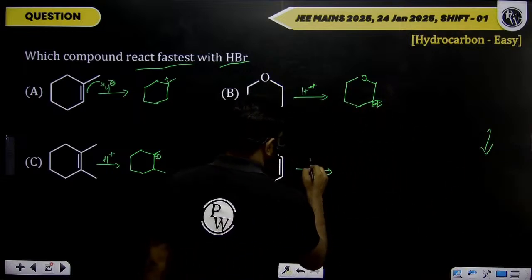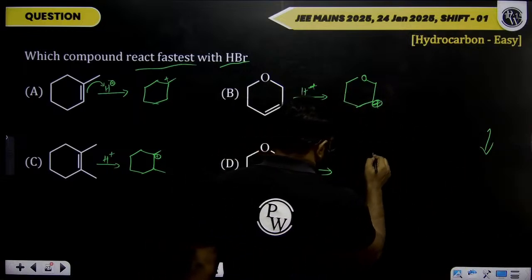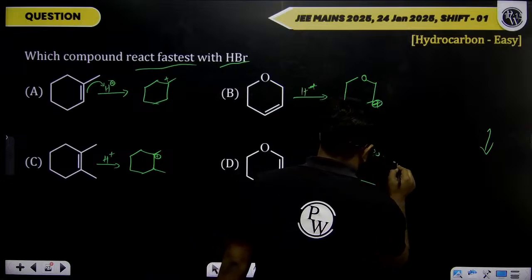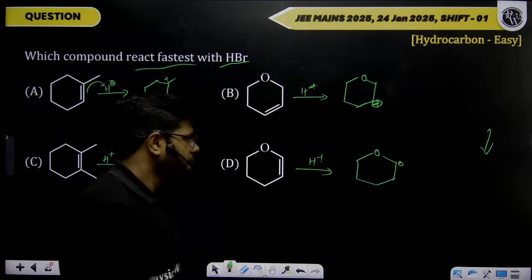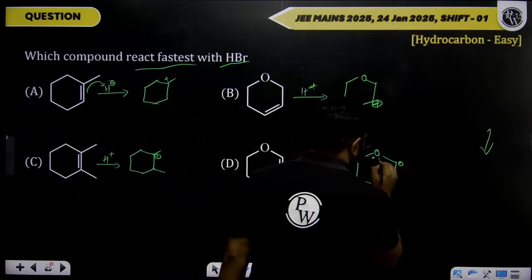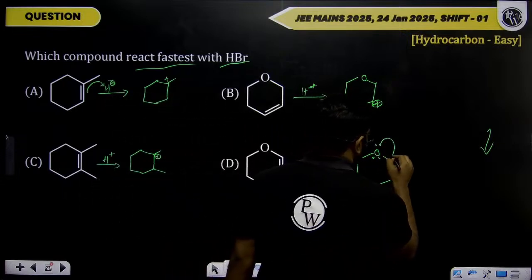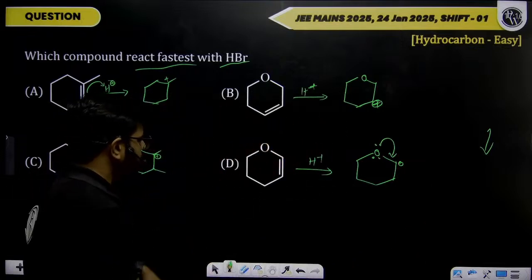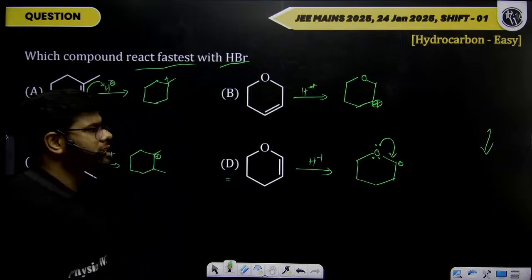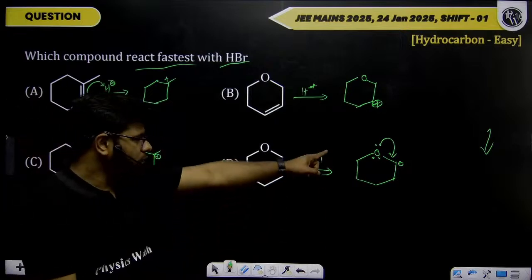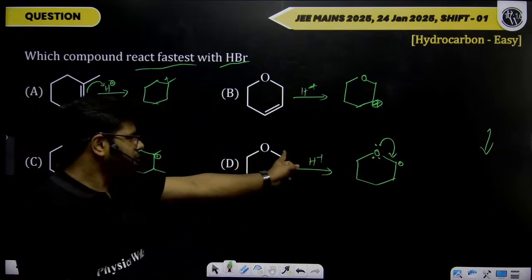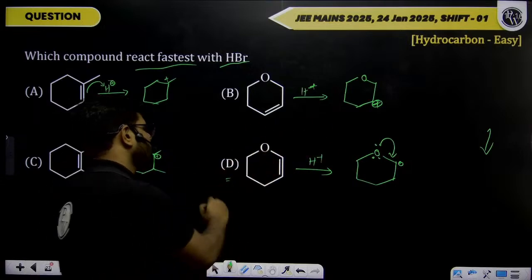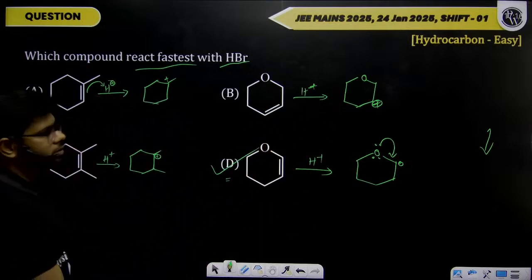In this case also, if I give H plus, the carbocation generated will be positive, okay. Now this carbocation will be stabilized by the lone pair of electrons present on oxygen. That means this carbocation will be stabilized by resonance with this lone pair of electrons. So this carbocation is most stable, so this will have the highest rate, okay.